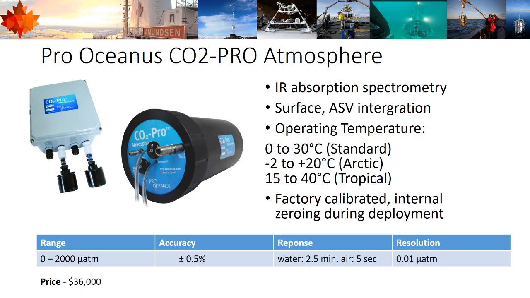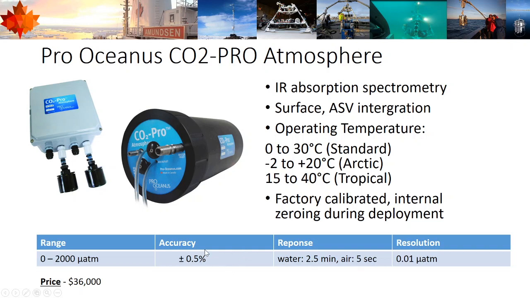So they're looking at an operating temperature same as the CO2 Pro, tailored to a handful of different environments. And again, just like the Subseatec and the CO2 Pro, there's that internal zeroing during deployment to help correct for drift. But drift is something to be aware of in these infrared absorption spectrometry sensors.